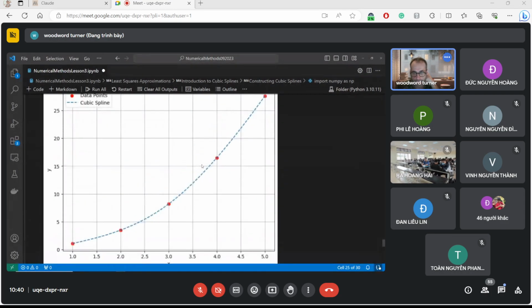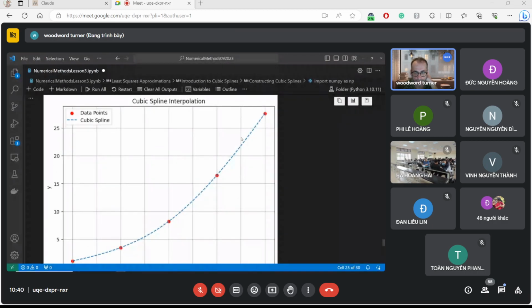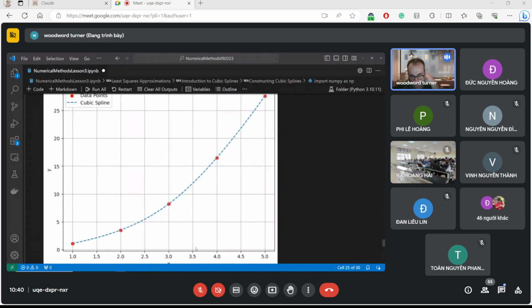So it goes through every point, and then it gives us a predictor of the values between the points. So if I want to know what happens at 3.5, if I'm guessing from these points what the point at 3.5 might tell me, I can go up to the blue dotted line and look for the value at 3.5, which is between 10 and 15.